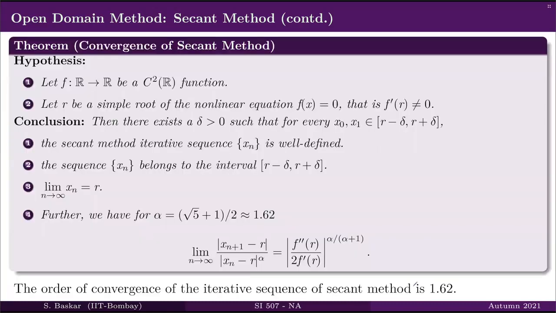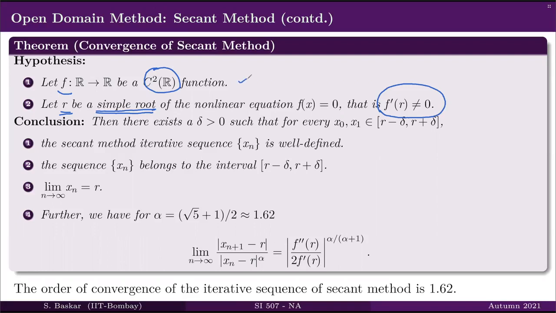Let us answer these two questions through this theorem. Here we have two hypotheses for the convergence of the secant method. The first one is, we want our function f to be C2, that is twice continuously differentiable, and the root that we are interested in is a simple root, meaning f dash of r is not equal to 0.